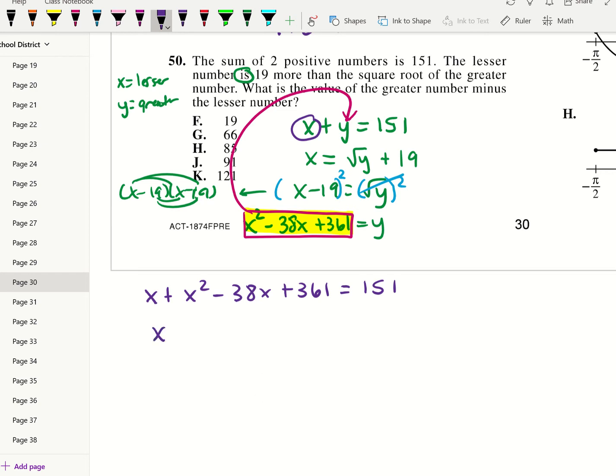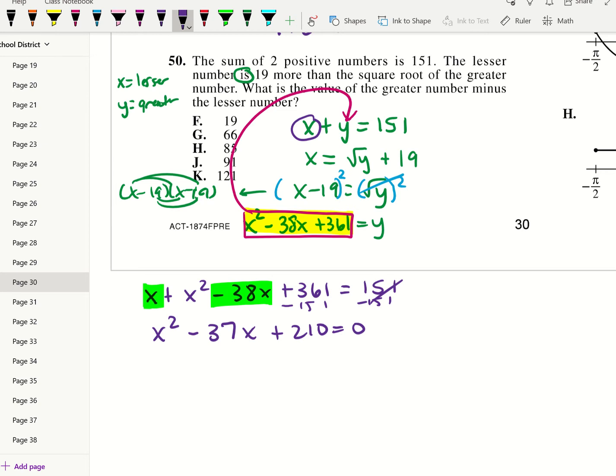Since I decided to try factoring first, I rewrote this in descending form and combined some like terms as I go. I also moved that 151 over to the other side of my equation by subtracting it off. And then I factored it. 210 looks an awful lot like 21. 21 comes from 3 times 7, so 210 would come from 3 times 70, or 30 times 7.